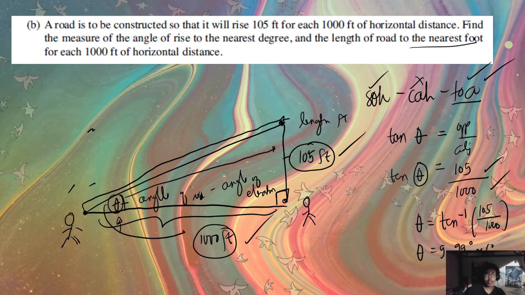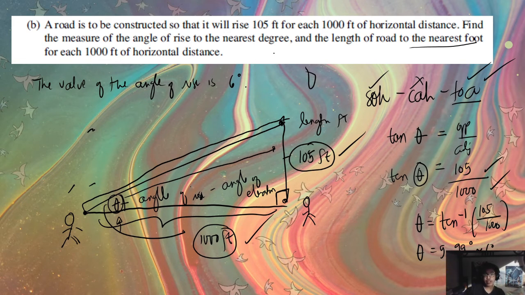Therefore, the value of the angle of rise, or the angle of elevation, is approximately 6 degrees.